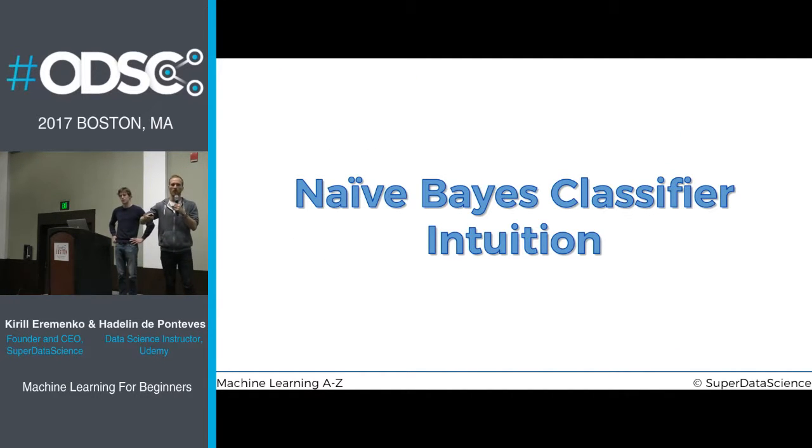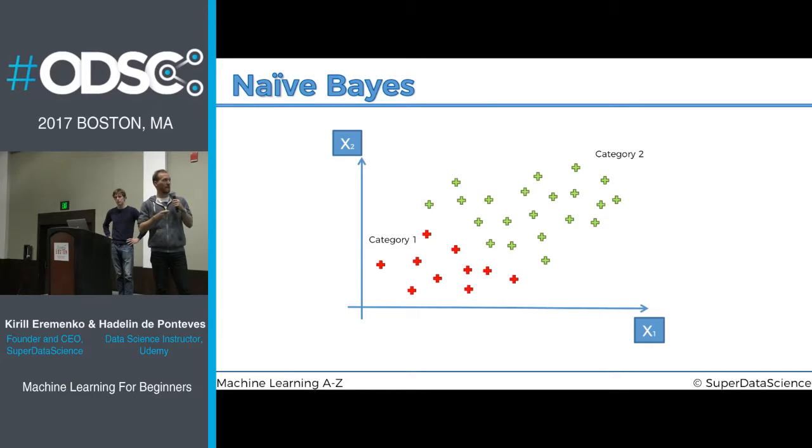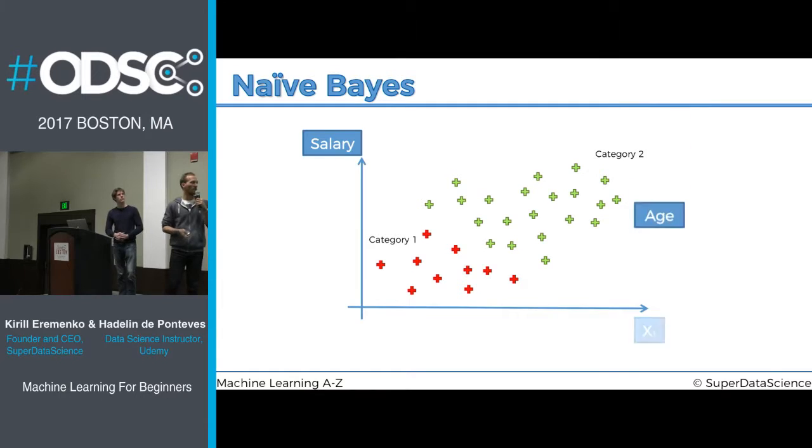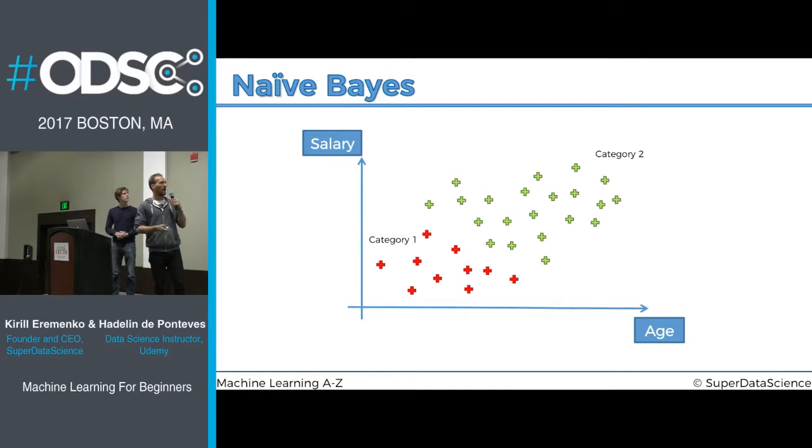So now we're moving on to the actual machine learning algorithm that leverages this really cool principle. Let's say you have two categories that you want to decide between. And to make it realistic, we're going to plug in some names here. That's the salary of the person, that's their age, that's if they walk to work, that's if they drive to work, and drive is green because apparently walking is bad.